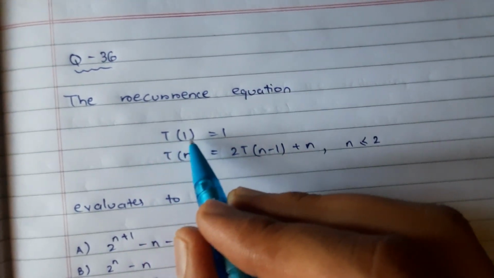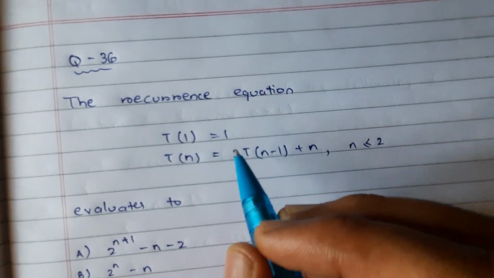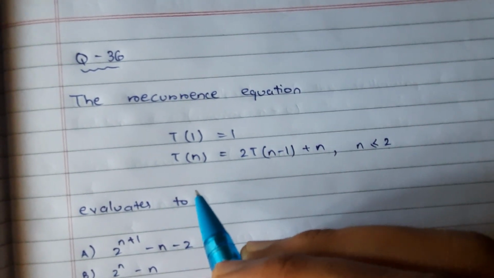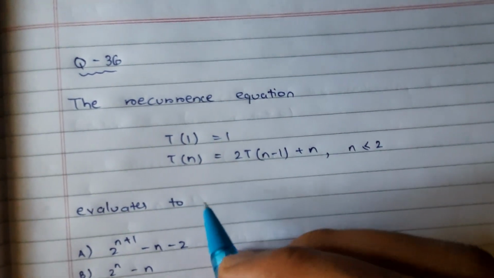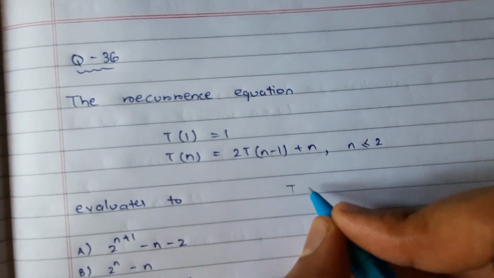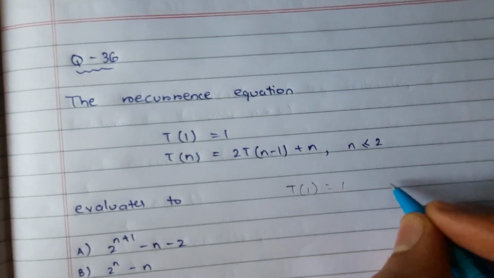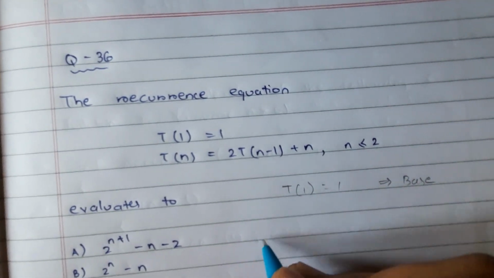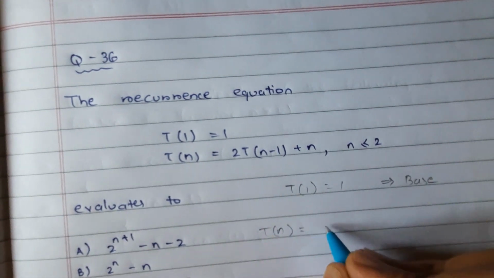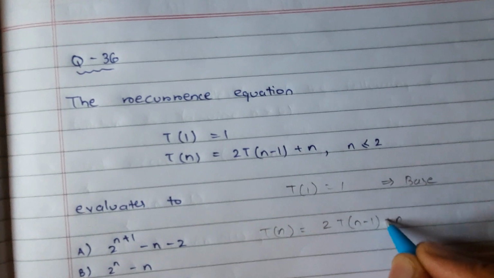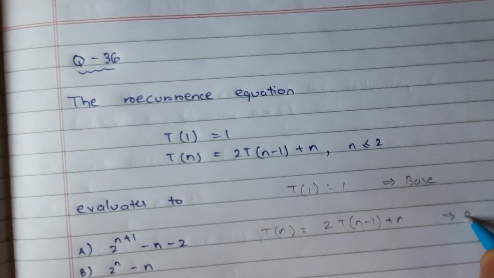So T of 1 is 1, which is the base equation, and T of n is the recursive case equation. Let us solve this question. The base equation is T of 1 equals 1. Now T of n is 2T of n minus 1 plus n, which is the recursive equation.